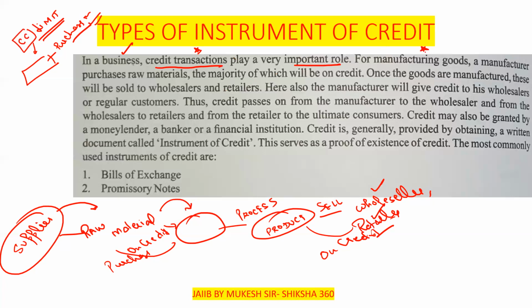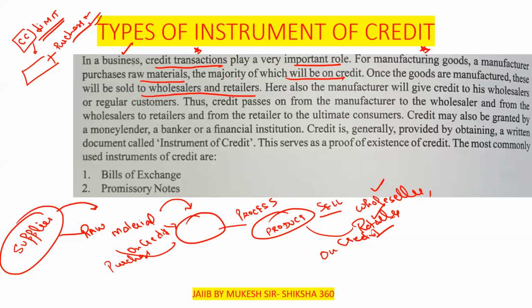For manufacturing goods, a manufacturer purchases raw materials, the majority of which will be on credit. Once the goods are manufactured, they will be sold to the wholesalers and retailers.